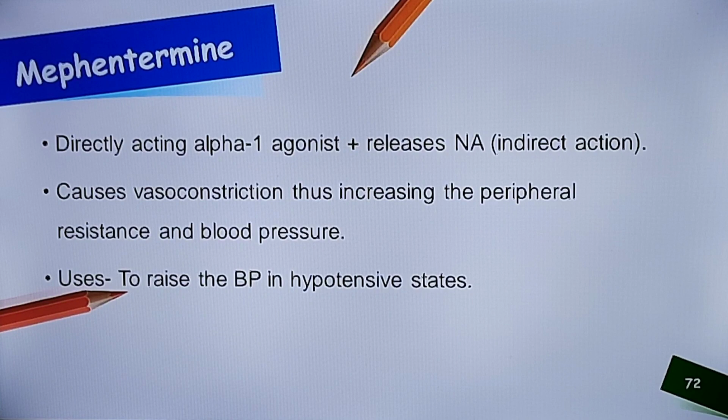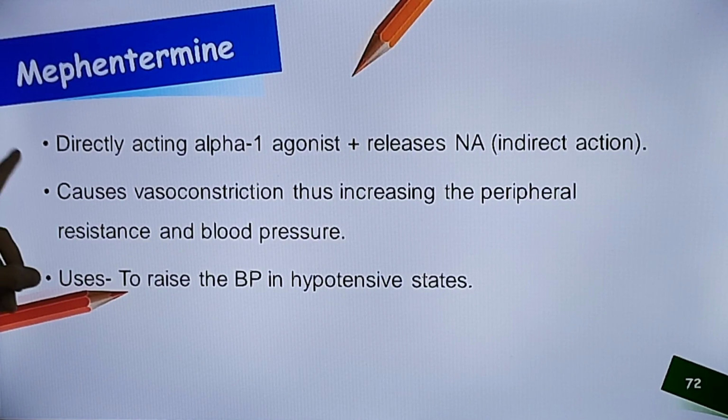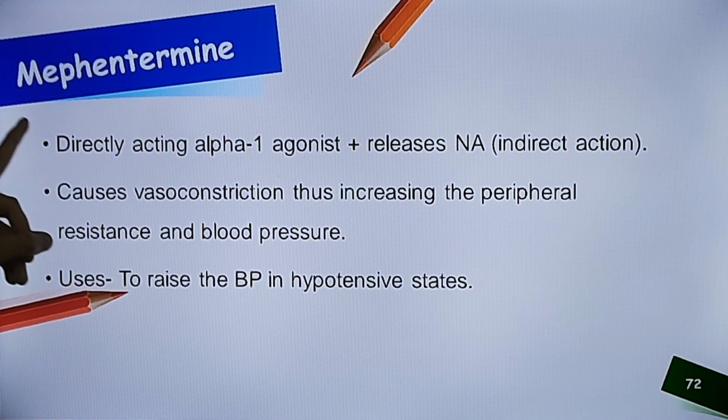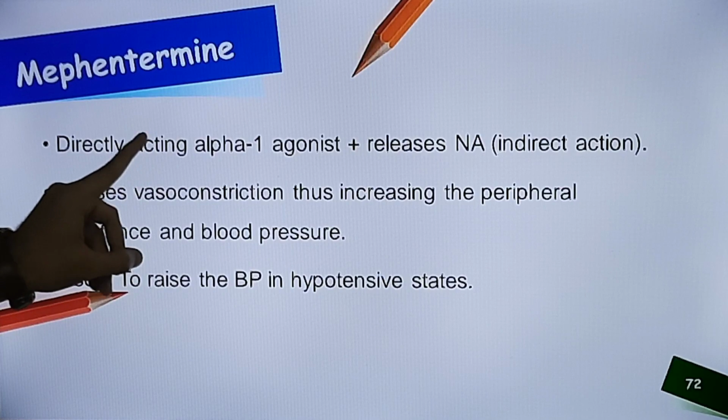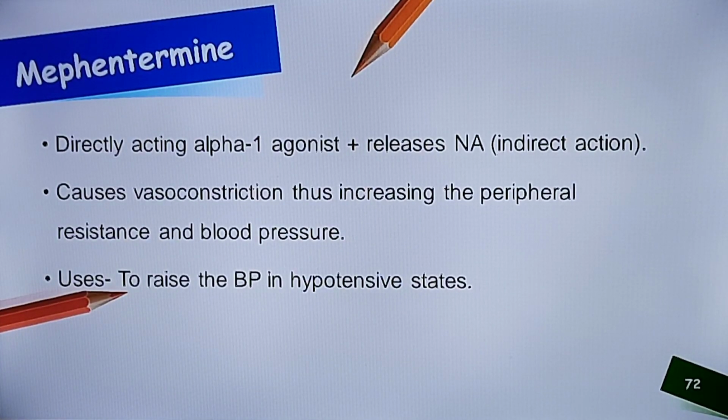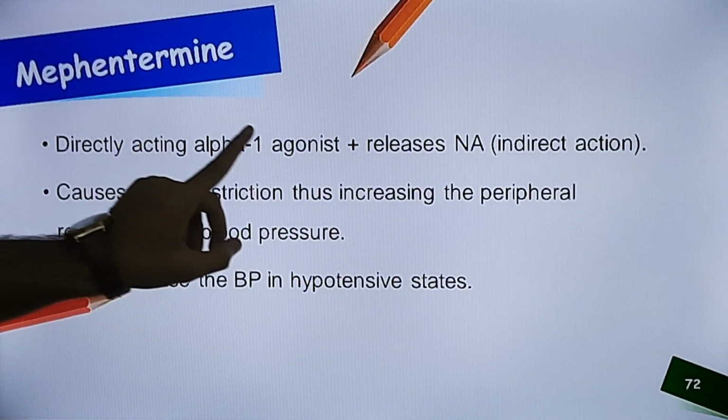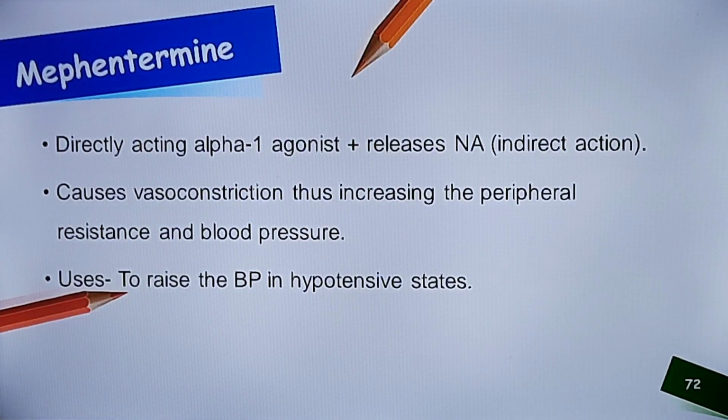Let's move on to our second drug, that is mephentermine. Now ये जो ड्रग है it is directly acting on our alpha 1 adrenergic receptor and also it will release in some amount noradrenaline. That is the indirect action.